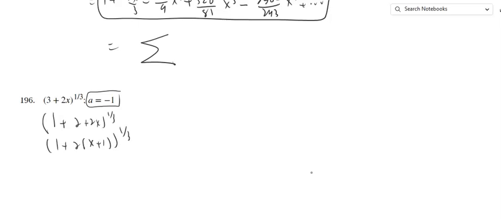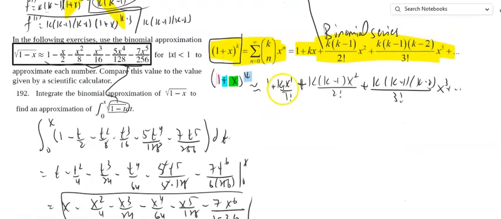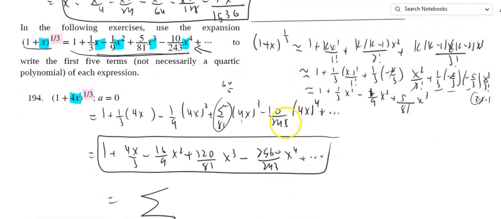And now I could say, look, that's taking the place of my x, that's taking the place of my k. So if I copy down what's up there, well, that is 1 plus, and again, I'm just copying literally what they gave me.